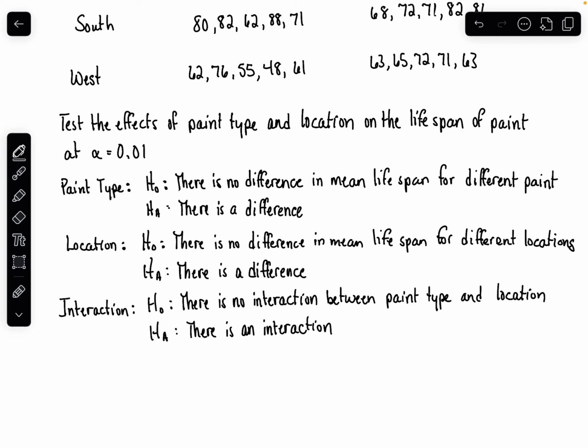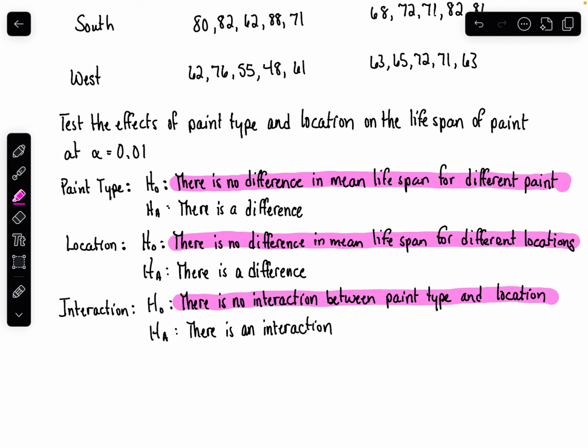So these are our hypotheses. And again, the test is always testing the null hypothesis. These are our 3 hypotheses that we're going to be testing, and we're going to test all 3 of them basically at the same time with our table for the two-way ANOVA.